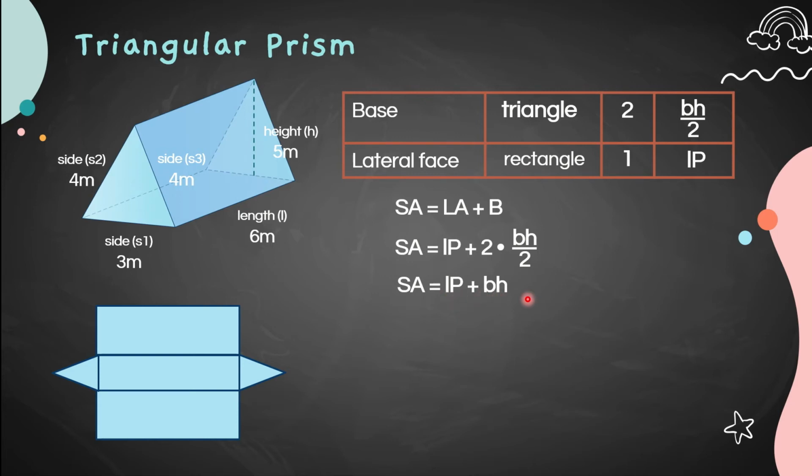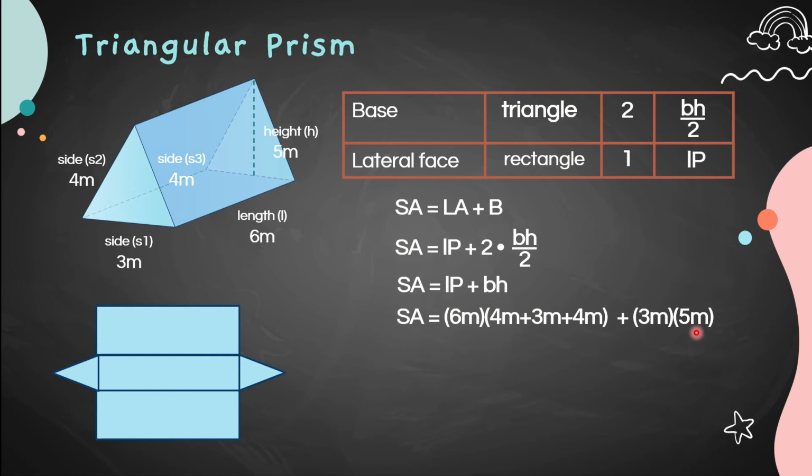Now, let us substitute the given measurements in the formula. So, length is 6 meters times the perimeter of the triangle, which is 4 meters plus 3 meters plus 4 meters, plus base times height. So, B here is 3 meters in base, and then the height is 5 meters.